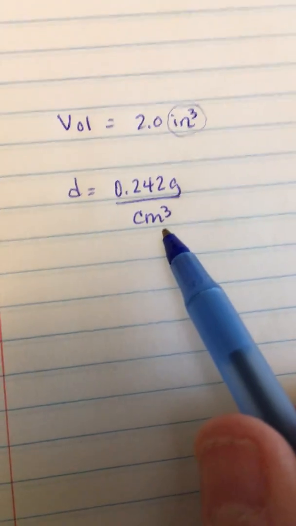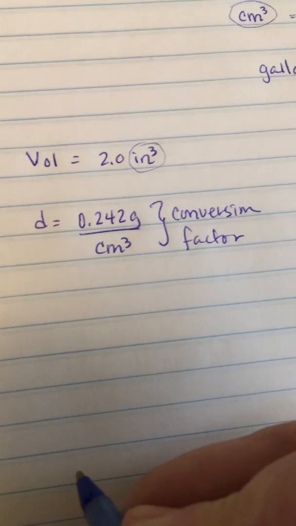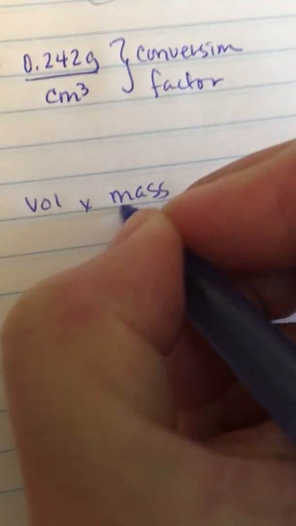So in any density problem where you're using density as a conversion factor, this is the whole idea. Your setup would be that you have a volume and you're multiplying it by the density, where the density is a mass over a volume, and that's going to give you mass.